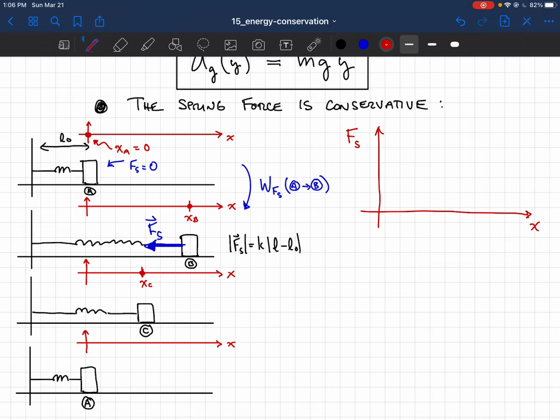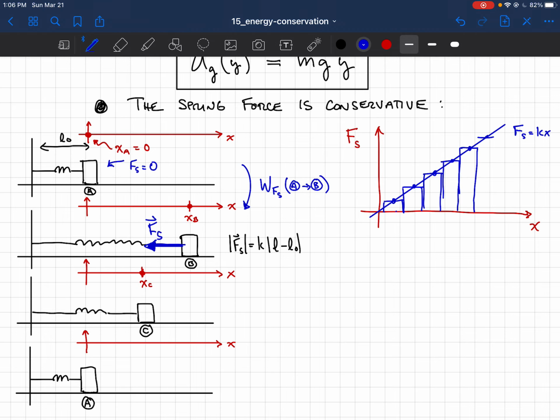So we can write down the spring force magnitude and the x position, and what that equation tells us, so Fs is equal to kx, is that this is a straight line here, so at any particular value of x, you're going to get a particular value of the spring force, which is proportional to the amount that you've stretched it. And the work done is just going to be the sum of the works done over little intervals.